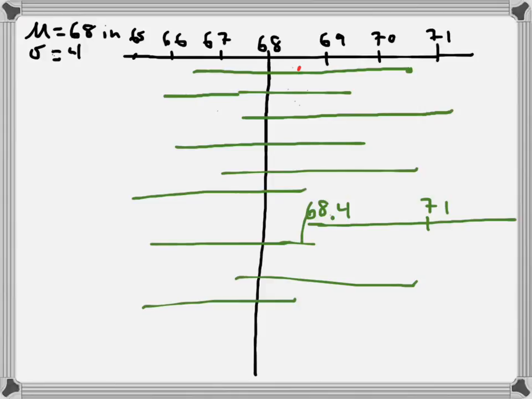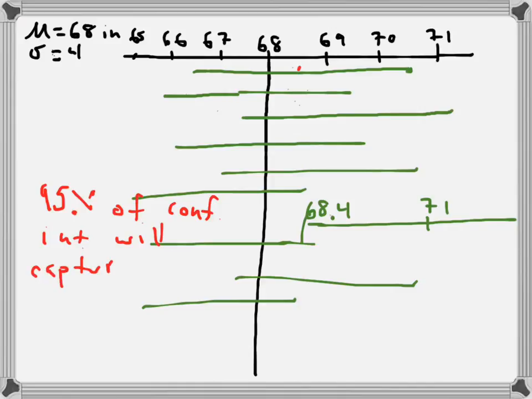So here's the idea. At 95% confidence, the idea is if I were to take different random samples of 16 different people, what I mean by 95% confidence is that 95% of these confidence intervals will capture the true mean.